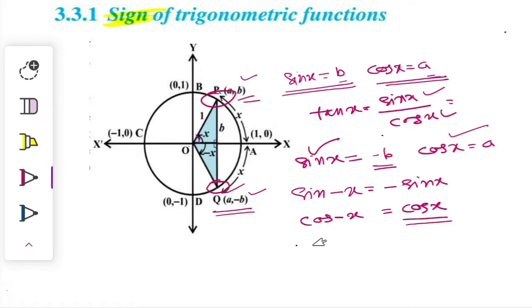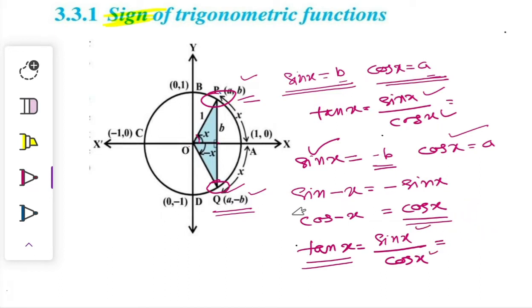Obviously, tan x equals sin x by cos x. Sin is negative and cos is positive, so the function tan will be negative.